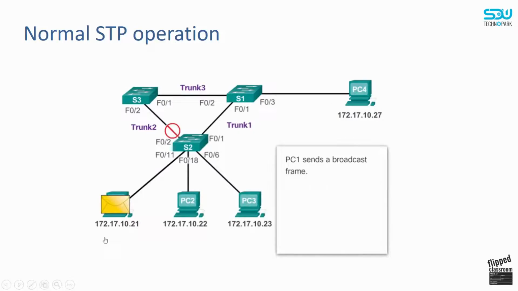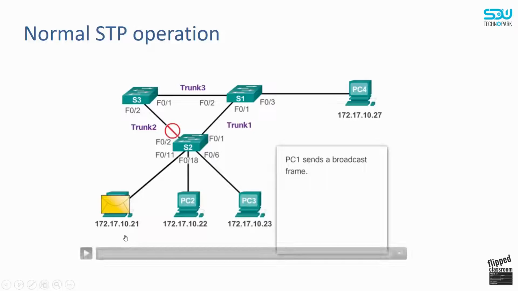And now let's take a look at the STP operation. What does STP, the spanning tree protocol, provide us? It provides services which prevent those three issues which we described just a few minutes ago.